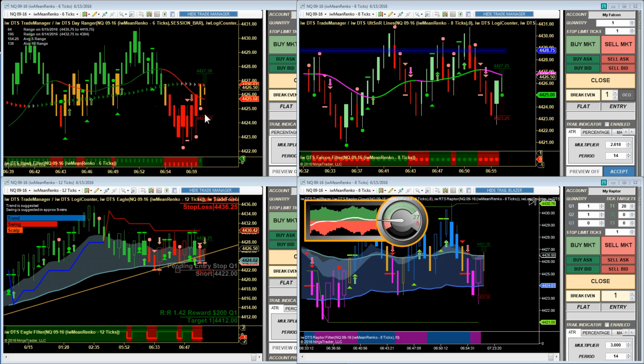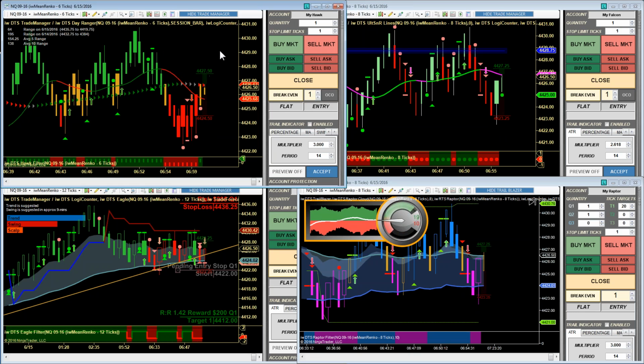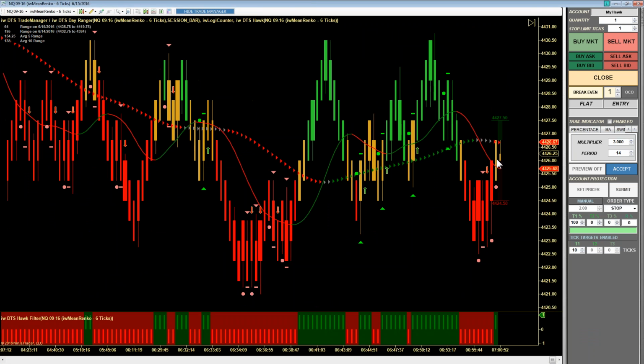Yeah, see here the Hawk all of a sudden going back into yellow bars. On your Hawk scalper, if you get a lot of yellow bars, and look at how they're printing. They're all printing sideways, more or less at the same latitude. You don't need to be a master trader to figure out that this is a sideways market, a choppy market.